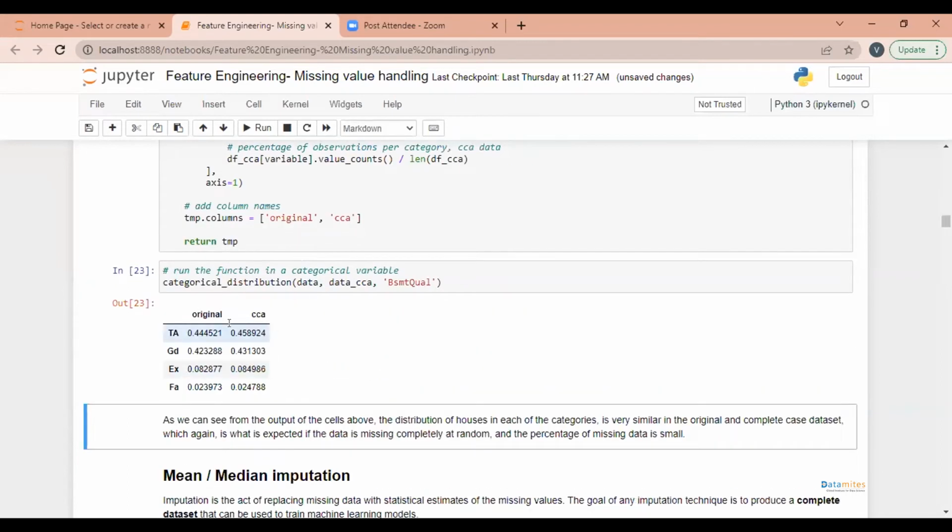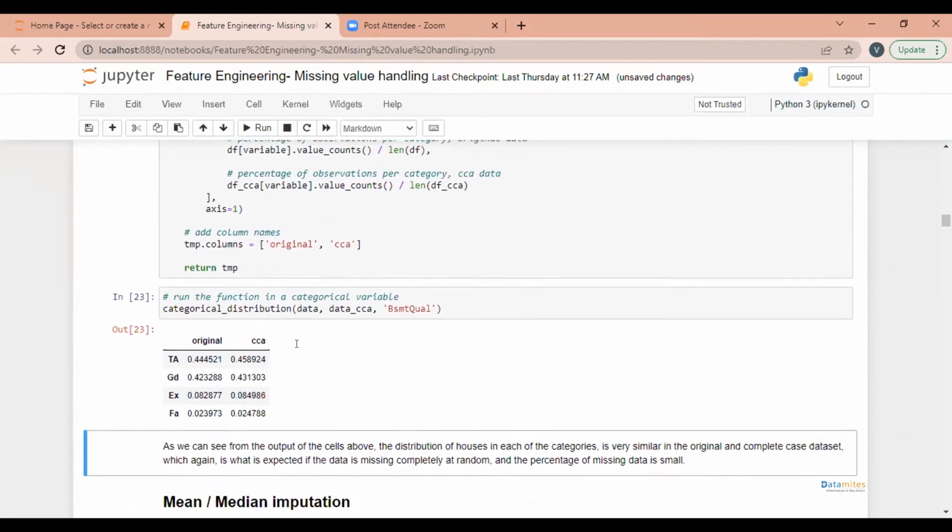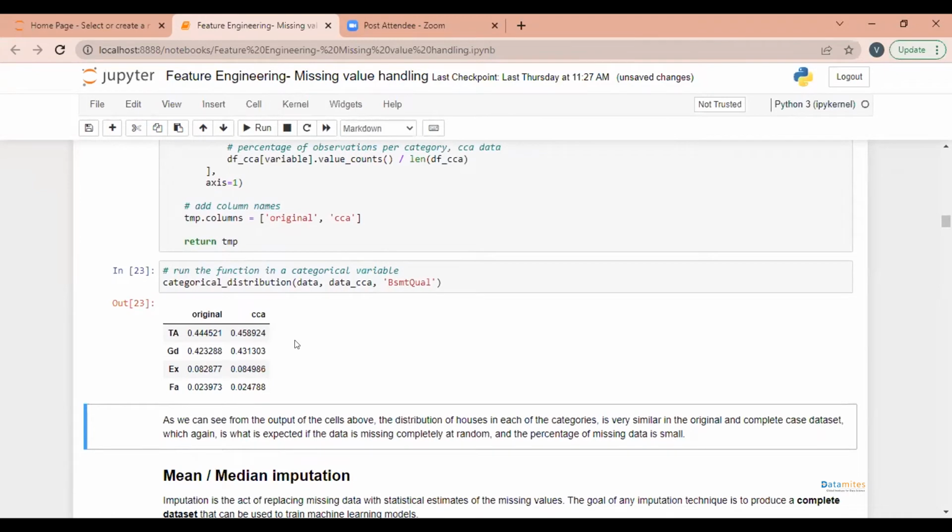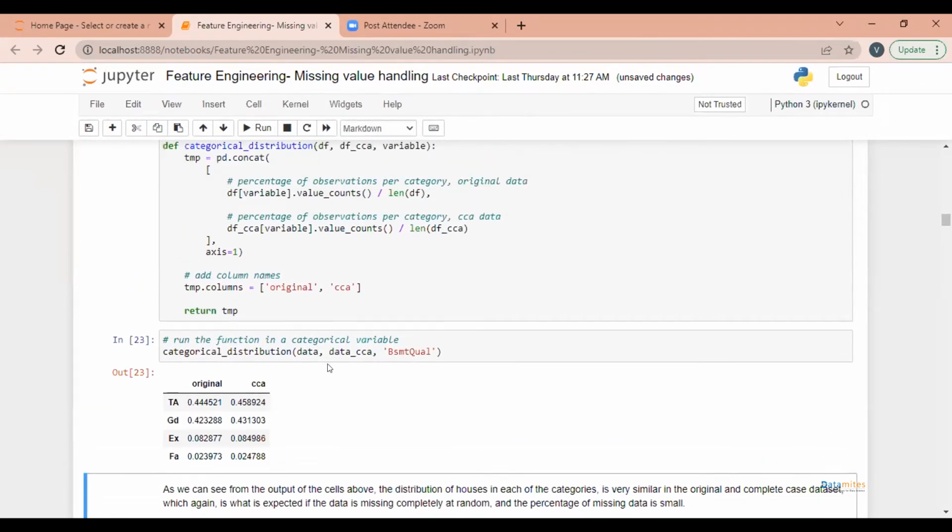As you can see in the original data set, before CCA and after CCA, the frequency distribution has not changed by a lot. I mean, it has certainly changed, but not by huge margins. So it has been preserved in the case of categorical variables also. The distribution of houses in each of the categories is very similar in the original and also in the case of CCA.